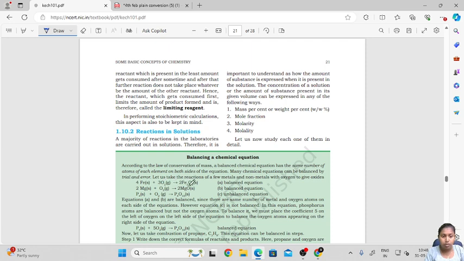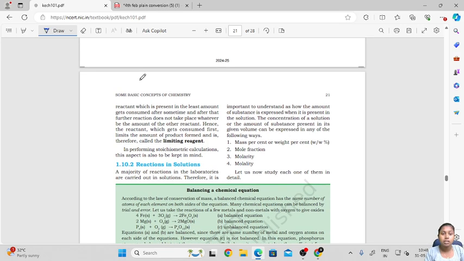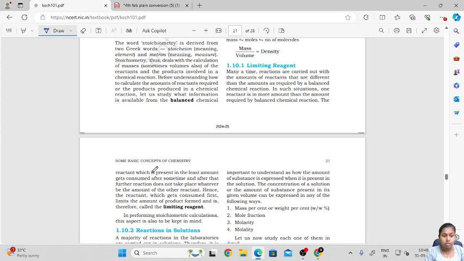And the product we got had a different number of atoms, so in such cases, we balance the reaction. The reactant which is present in the least amount gets consumed after some time, and after that further reaction does not take place, whatever be the amount of the other reactant.